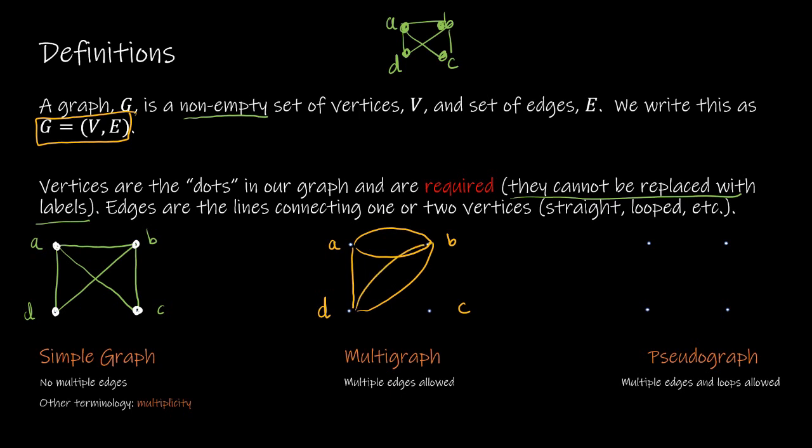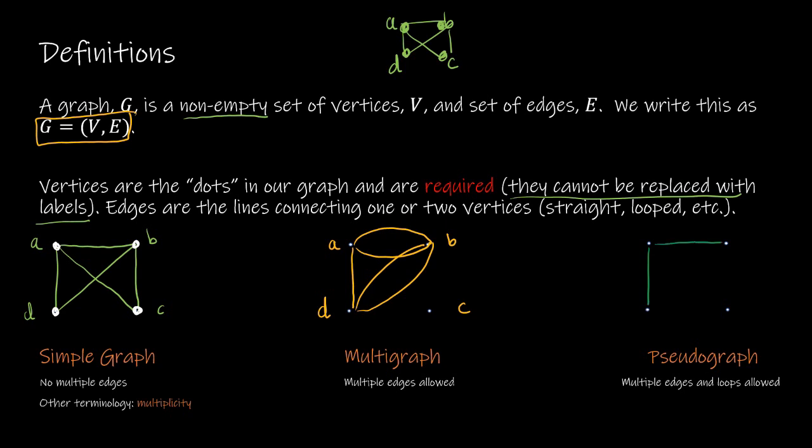And notice you don't have to connect each and every vertex. So you can see here I have point C who's just all by himself or herself, not connected to anything else. So that's just called an isolated vertex because there are no connections to any other vertices. Now a pseudograph can have multiple edges.